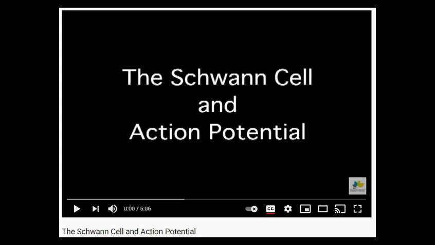This is what we mean by saltatory conduction: you have little mini recreations of the action potential at each node of Ranvier. It almost seems as if the action potential jumps from node to node to node down the length of the axon.